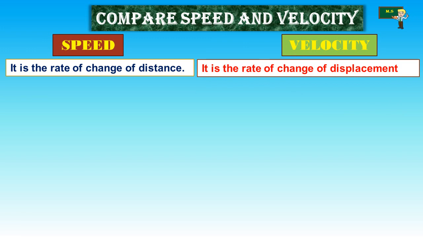Let me give a short note about distance now. Distance is the total movement of an object without any regard to the direction, and displacement is the direct length between any two points when measured along the minimum path between them, and it depends upon both magnitude and direction.